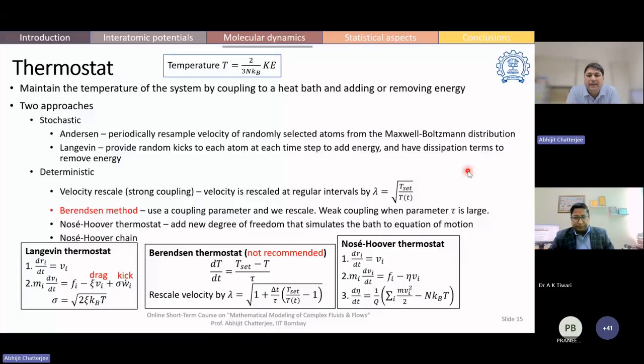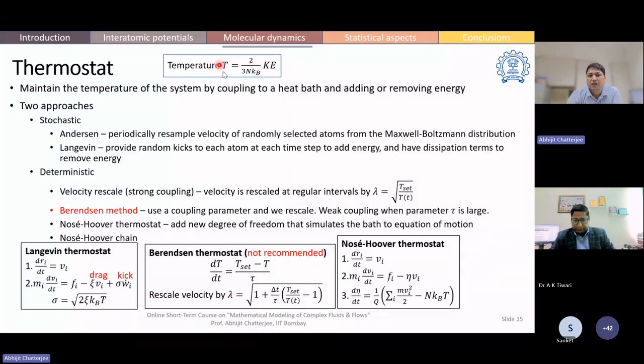But many times we want to do simulations at a fixed temperature. To do such simulations, one typically uses the concept of a thermostat. A thermostat is basically a control setup which would try to modulate the kinetic energy of the system.